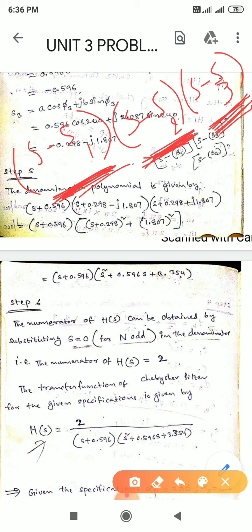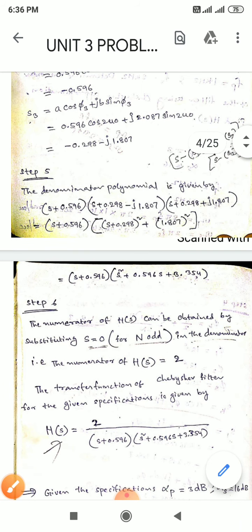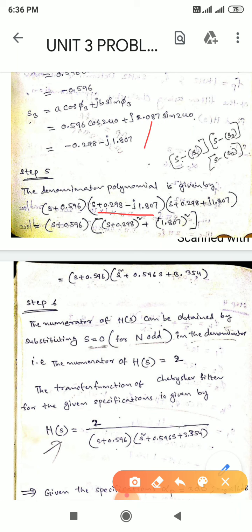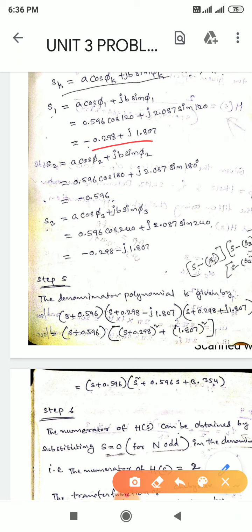Here, s minus s1 we are writing first. What is the s1 root? It is -0.298 + j1.807. Here, s minus of this value means s + 0.298 - j1.807.